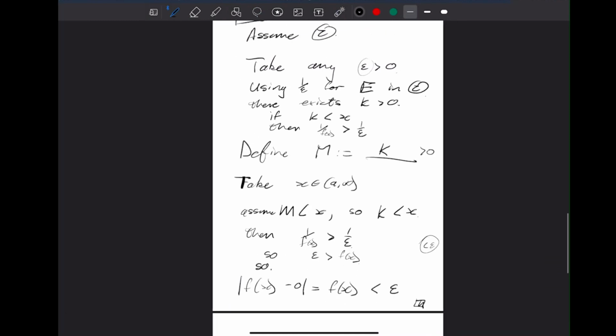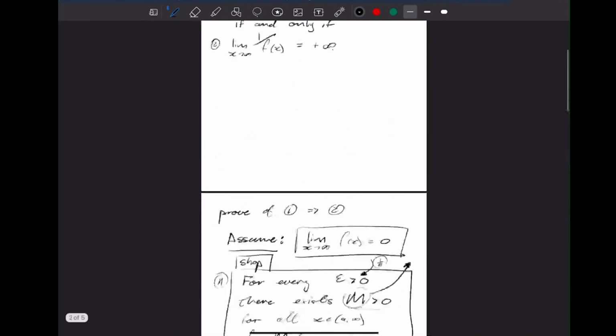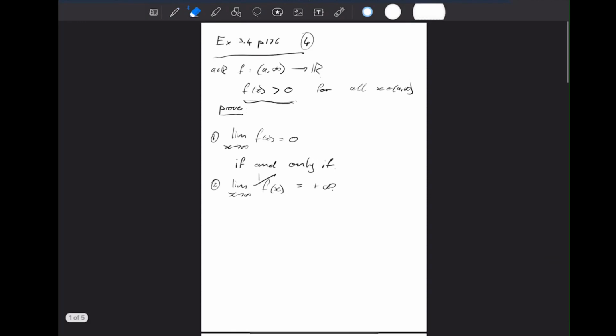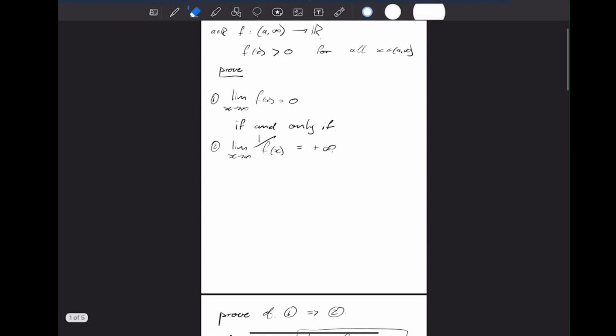Okay. So here we have now shown that if the limit as x tends to infinity of f of x is equal to 0 and the function is positive, then the limit as x tends to infinity of 1 over f of x is equal to plus infinity.